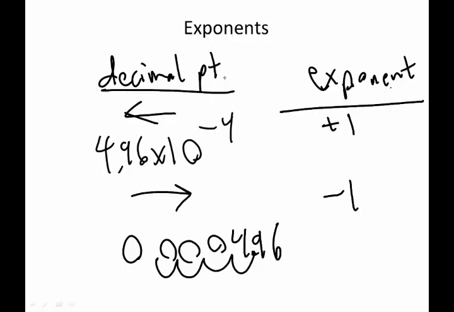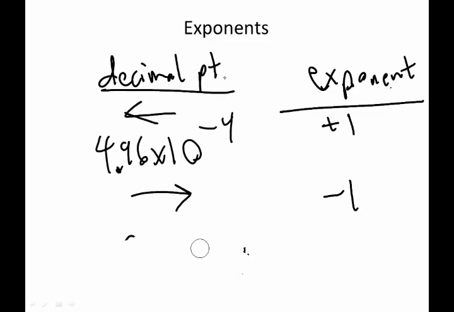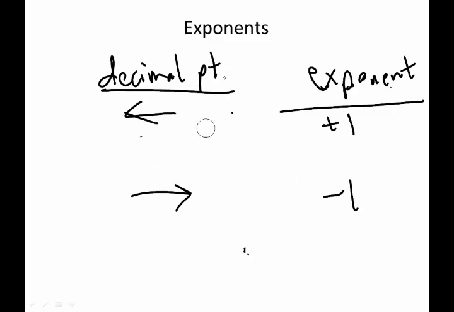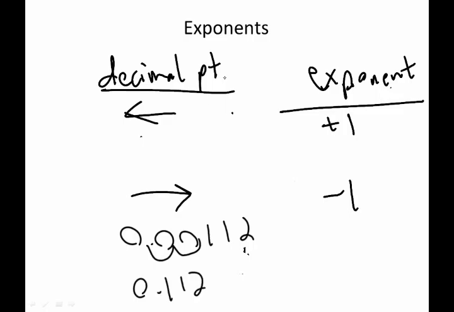So I always move the decimal point to park it right behind the first non-zero digit. If I stopped early, so let's say, for example, I've got 0.00112. If I only move it 2 spaces, 0.112 times 10 to the negative 2, that is not proper scientific notation. The decimal needs to be parked behind the first non-zero digit to be proper scientific notation.